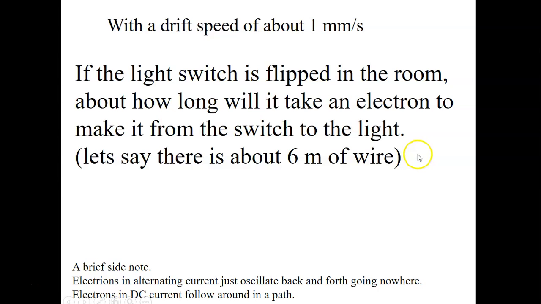Well, the reason it doesn't take that long is the wire is already full of electrons. So when you pump one electron into the wire, one electron goes out of the wire, quote unquote out. It goes through your light. So as electrons are flowing into the light switch at 1 millimeter per second, they're also flowing to your light at 1 millimeter per second.